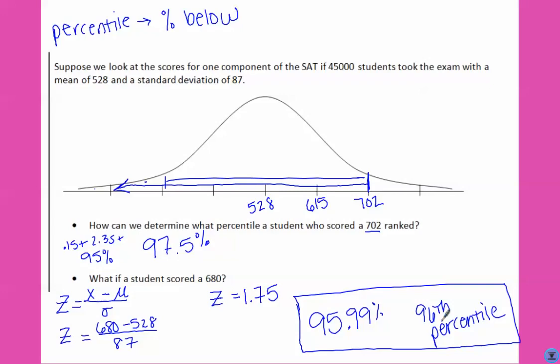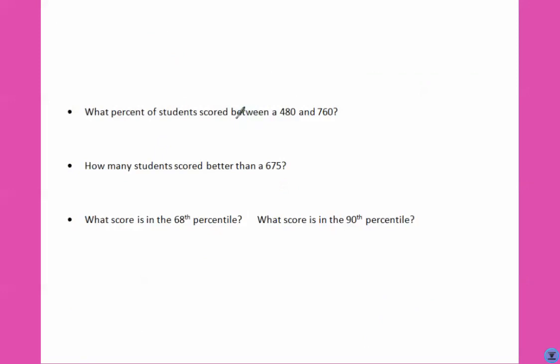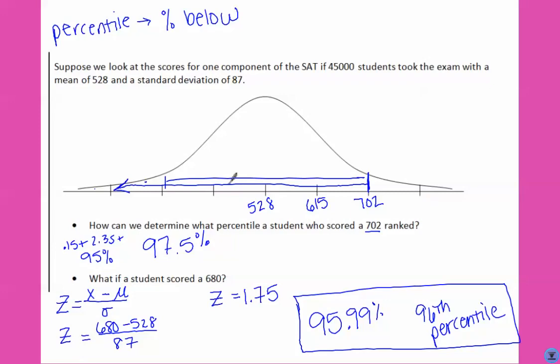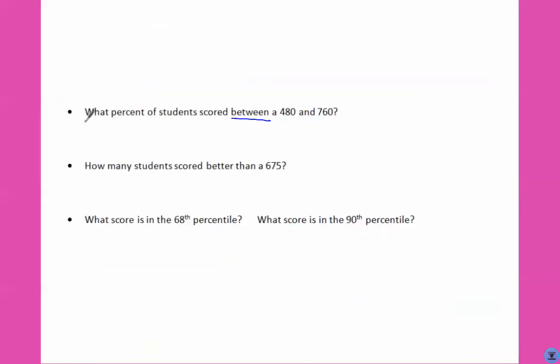So that's percent below. What if we want to know what percent falls in between? Now, 480 and 760 are not exact marks on this chart either. So we need to find z for both of them. So the z-score for 480 is 480 minus 528 over 87, and we need to find the z-score for 760.